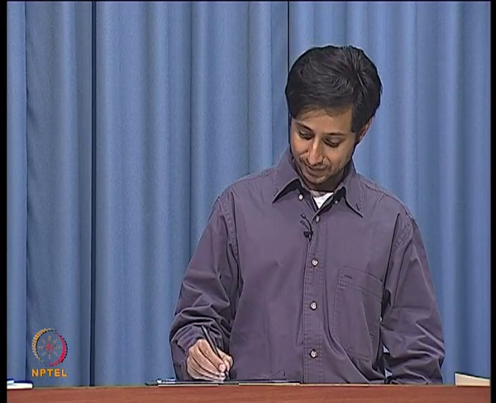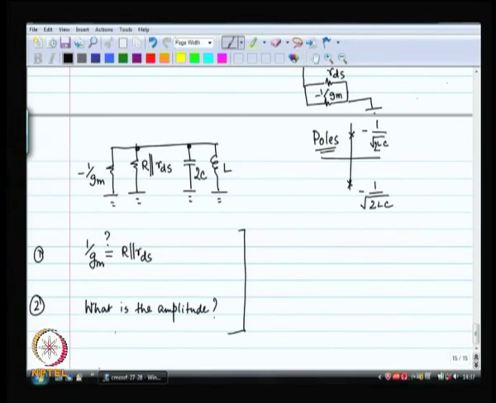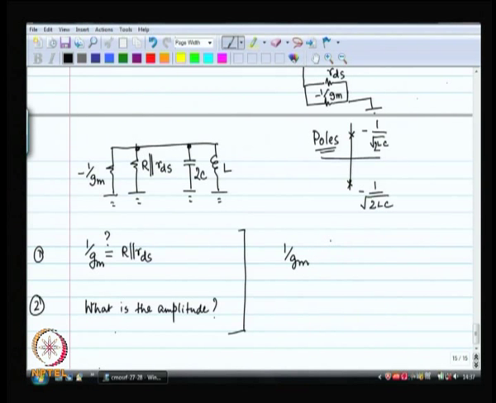So, the next thought is as follows: what happens if 1 by Gm is not just equal to R parallel RDS, but 1 by Gm is less than R parallel RDS?